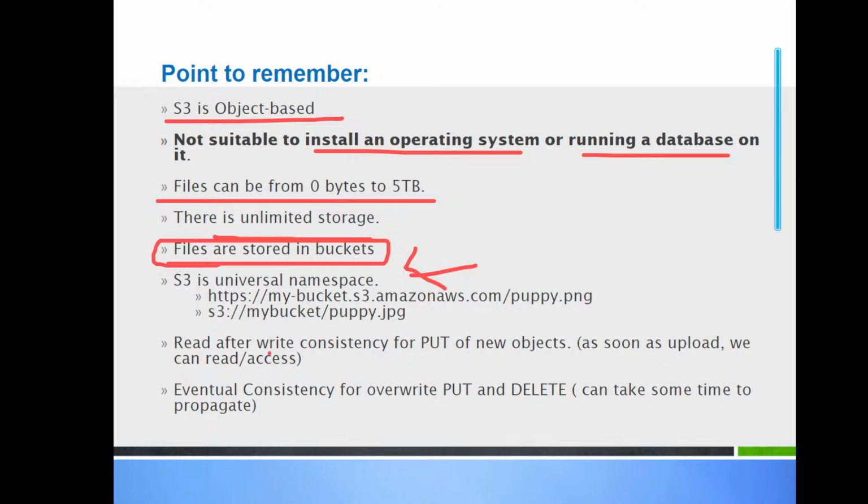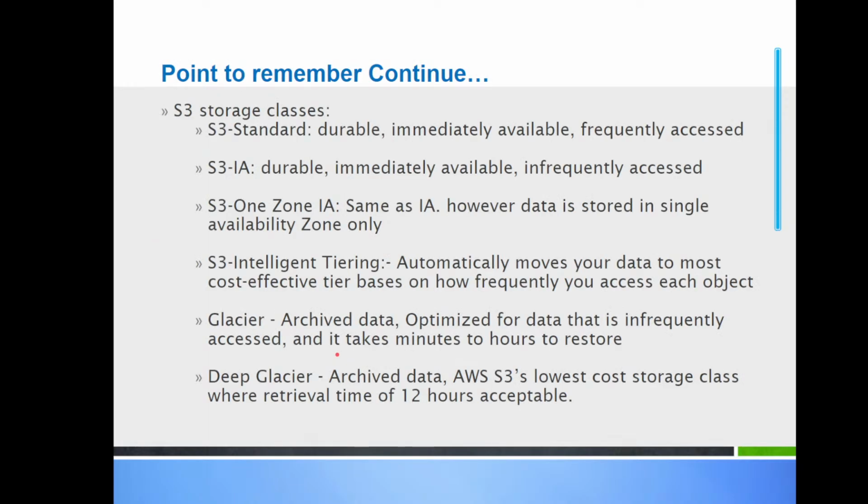Consistency has changed, so I'm not going to repeat that. S3 storage classes, we have just learned today. S3 Standard: durable, immediately available, for frequently accessed data. S3 Infrequent Access: durable, immediately available, for infrequently accessed data. S3 One Zone: same as infrequent access, however the data is stored in a single availability zone.